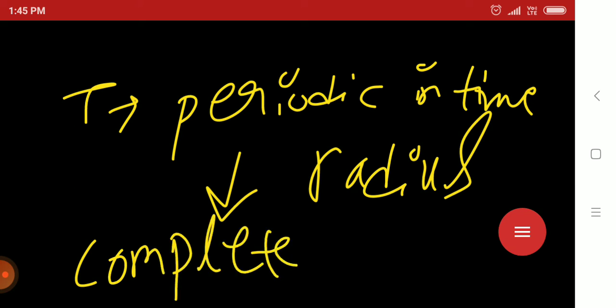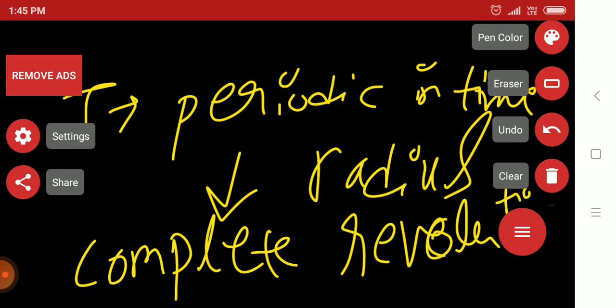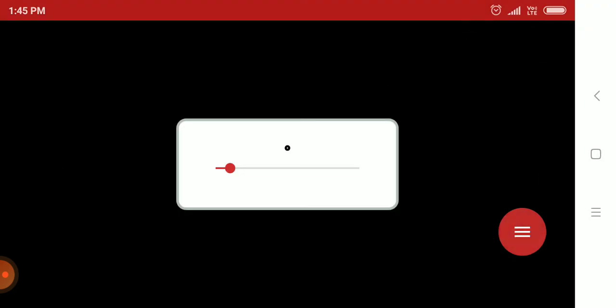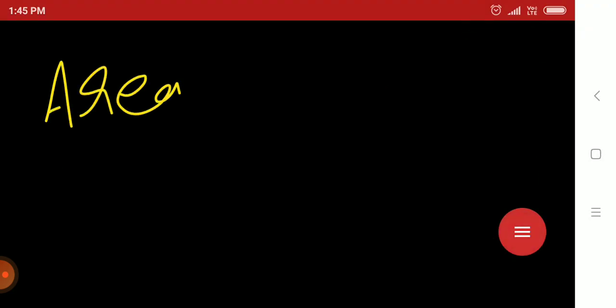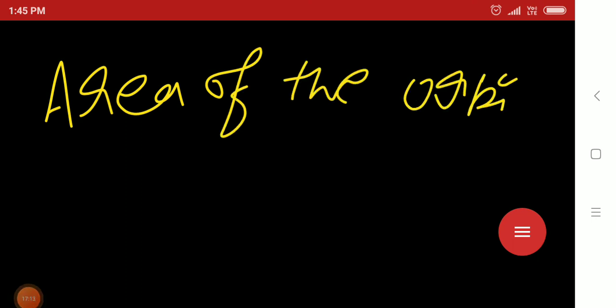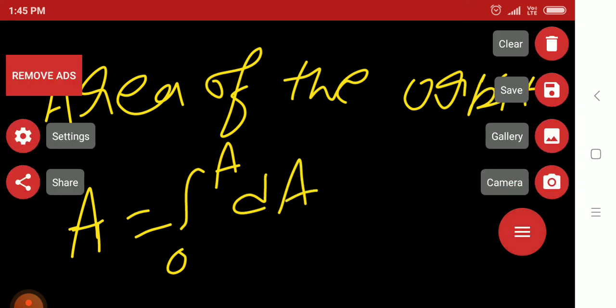Then the area of the orbit we can obtain as A equals integration 0 to A of dA. Firstly, what we are trying to do here is to derive Kepler's third law.